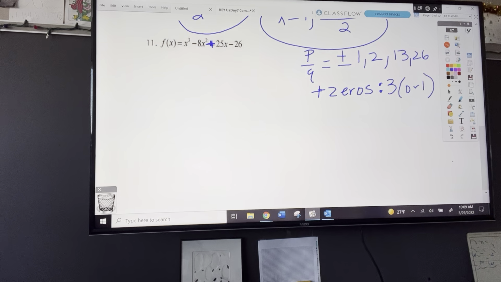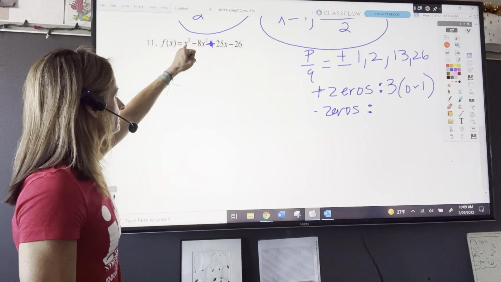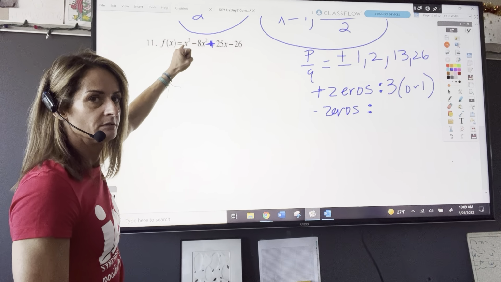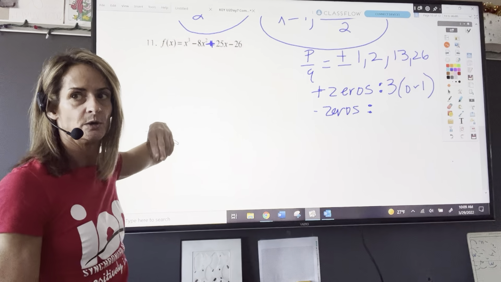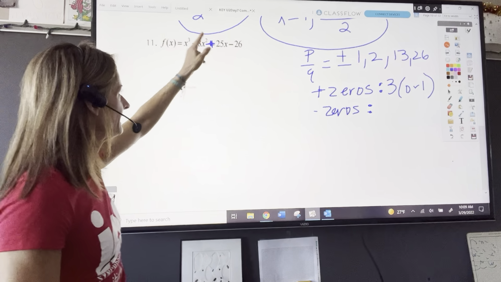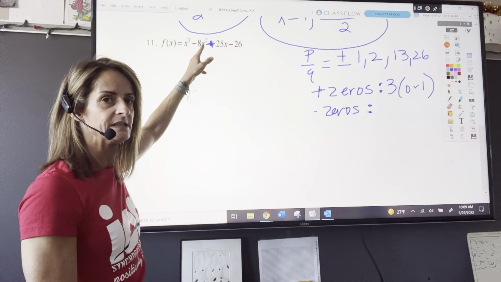For negative zeros, I'm not going to write all this out, because you can see very easily, if I plug in negative x into x cubed, that sign's going to change, because negative x times negative x times negative x is negative x cubed. If I plug in negative x for x squared, those negatives are going to cancel, because that degree is even.